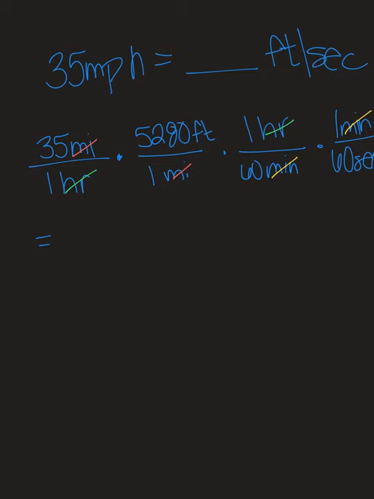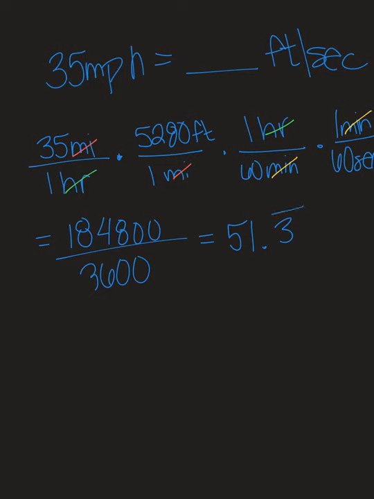So 35 times 5,280 times 1 times 1, and that gives you 184,800. And then that denominator, 1 times 60 times 60 gives you 3,600. And then we'll finish with the division. So that's 51.3 repeating feet per second. And because we see that 3 repeating, that's actually 51 1/3 feet per second if you want to give an exact answer.